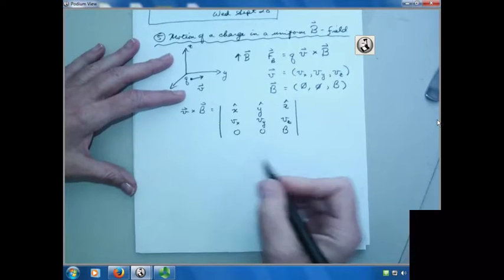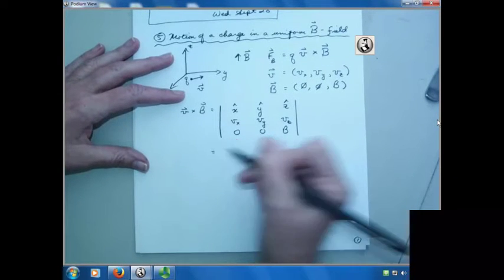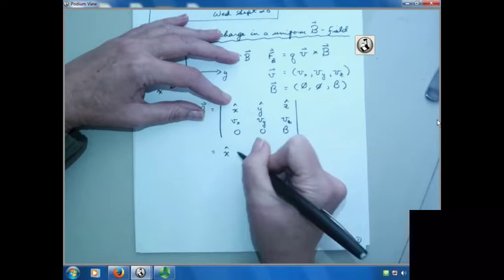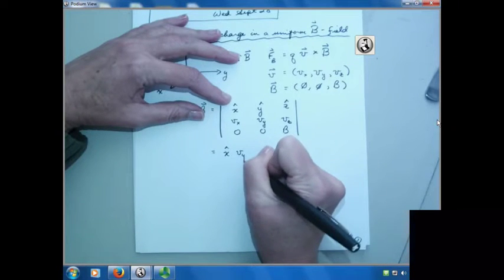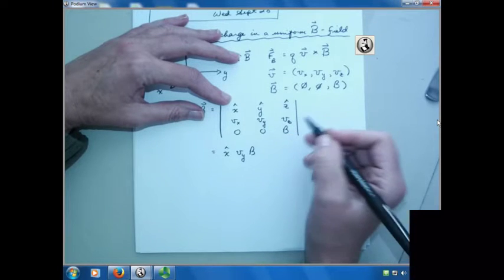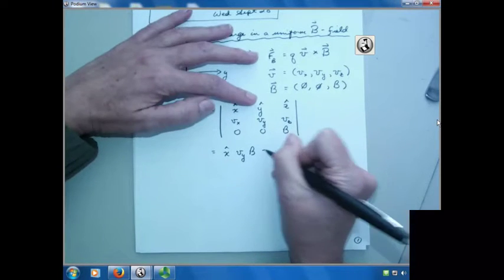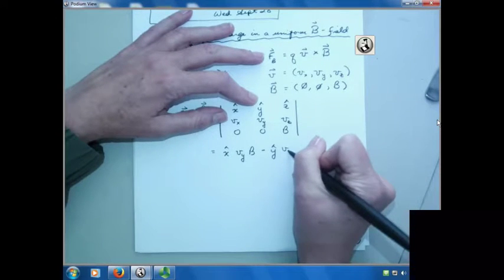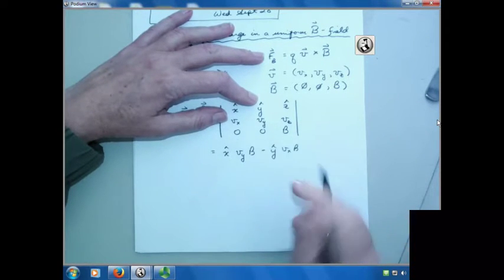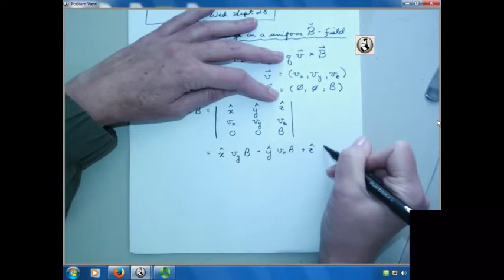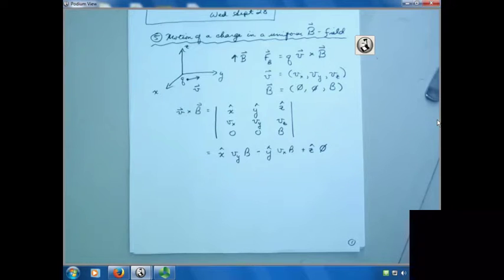Okay, so now I'm ready to do my 3 by 3. So this is equal to x hat times Vy times B, so I have to do the 2 by 2 determinant of what's left over, minus 0. Minus y hat times Vx times B minus 0, plus z hat times 0 minus 0.